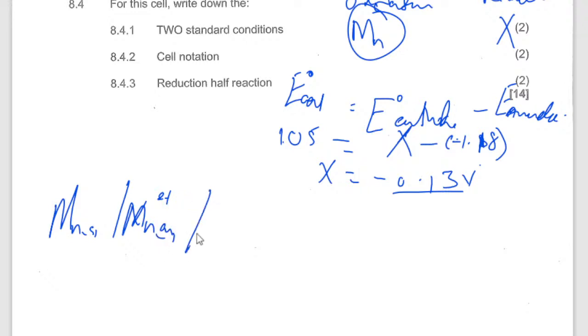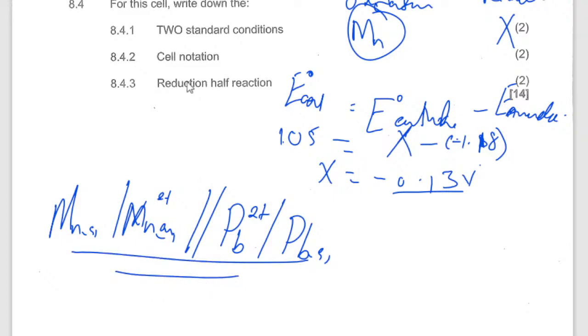Then the salt bridge, then lead ions are reduced to lead, which is a solid, like that. So that is the cell notation that we are looking at.